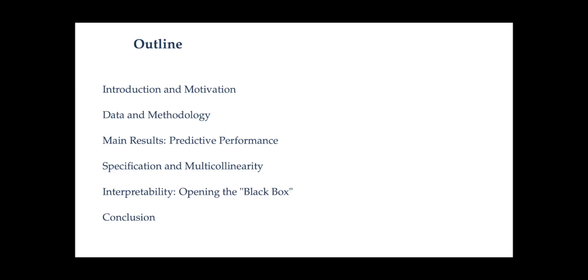I introduce my motivation for this research, some introduction to the original gravity model, the data I use, and what kind of methodology I use for this project. And I will introduce the main results. Machine learning technique is more powerful on the predictive side of performance, so I'll analyze it in more detail.